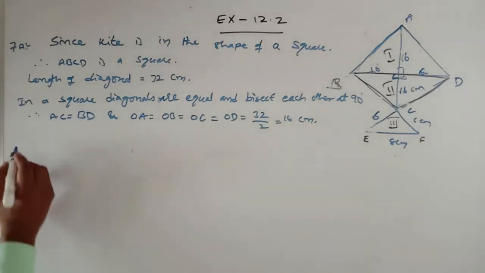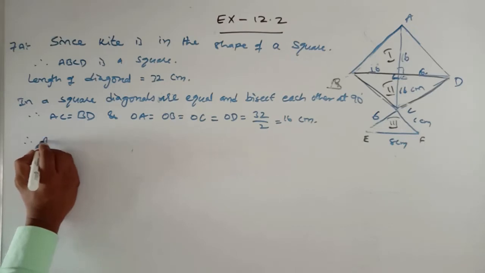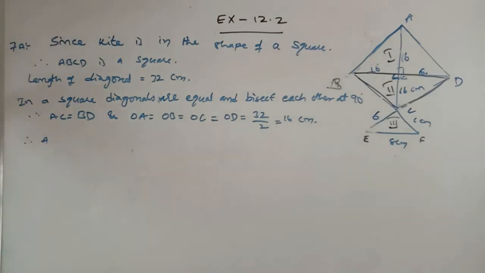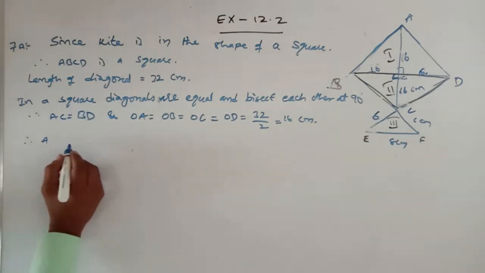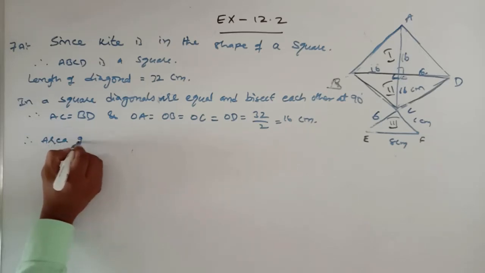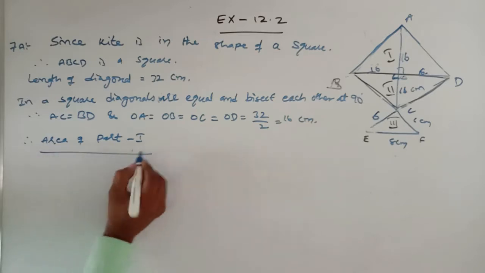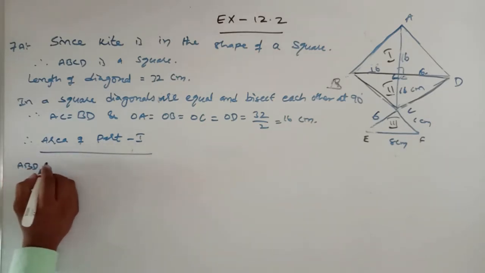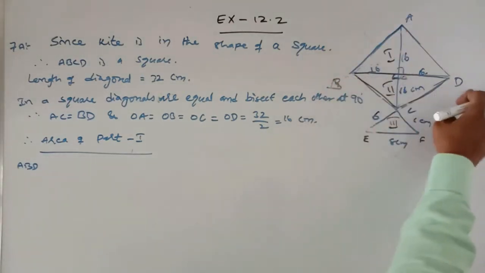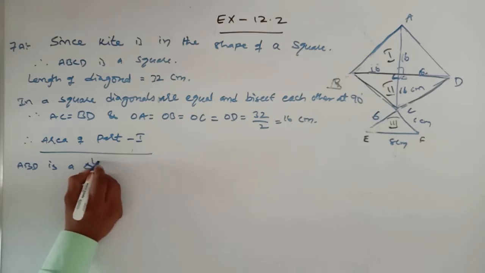Now I am taking part 1. I am taking the area of part 1. Here ABD is a triangle.